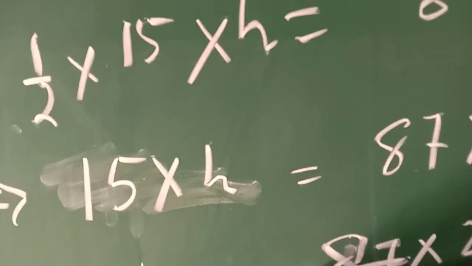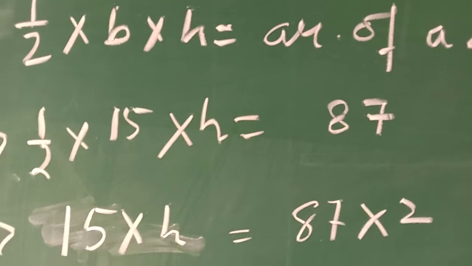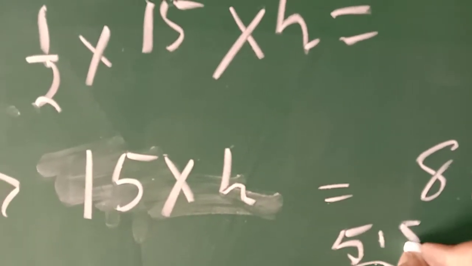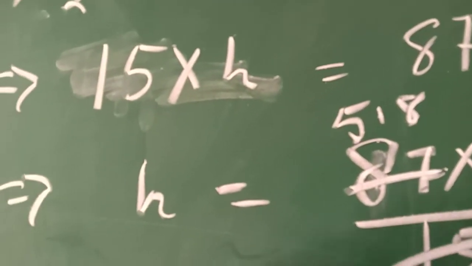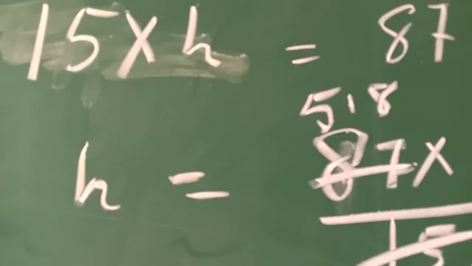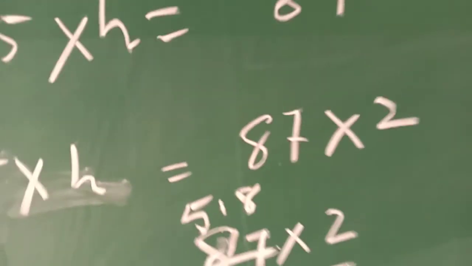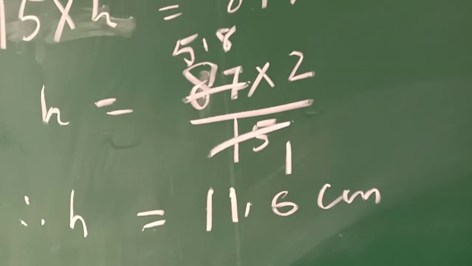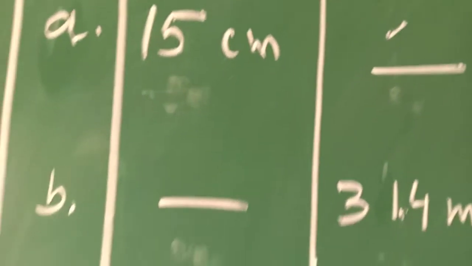You get 5.8. So h is equal to 5.8 into 2, which is 11.6 centimeter. Understood? When you are getting this, you will get the answer 11.6 centimeter. So the missing value you can get in this way.